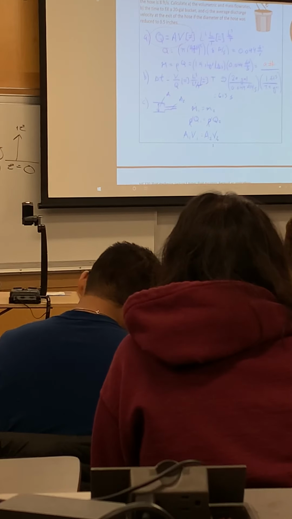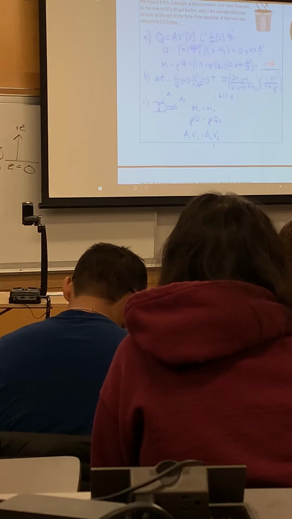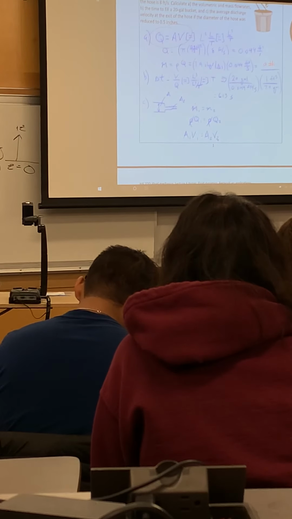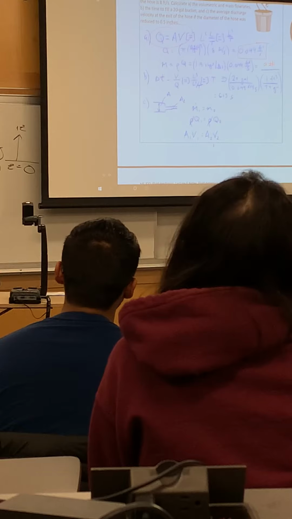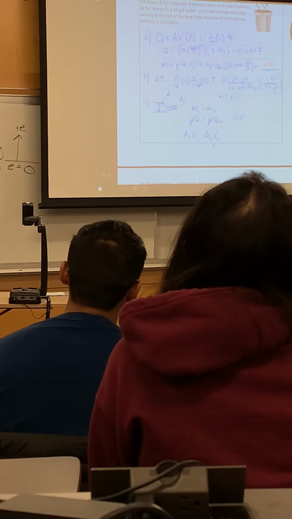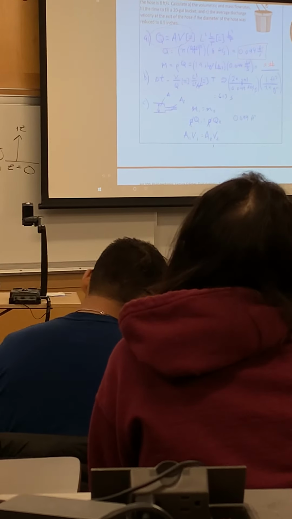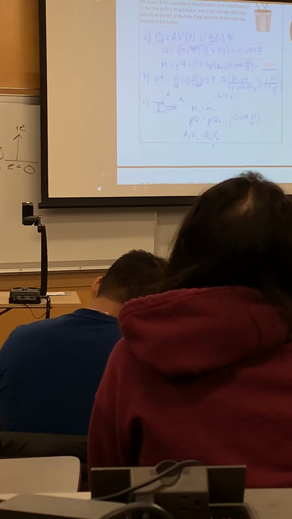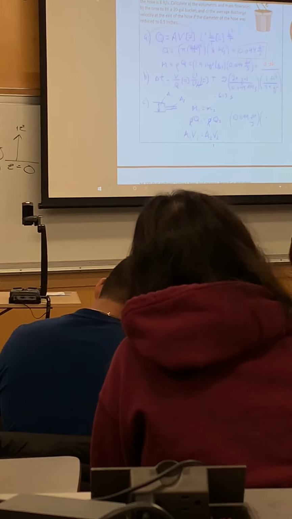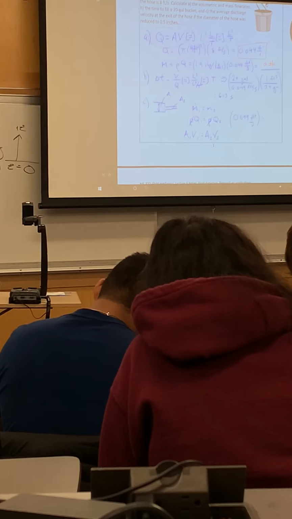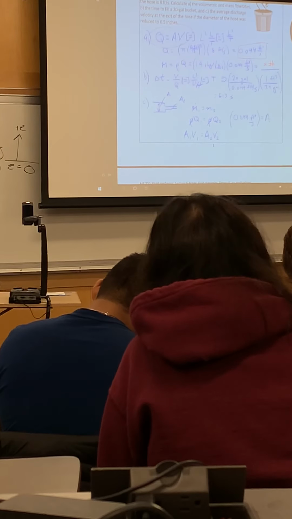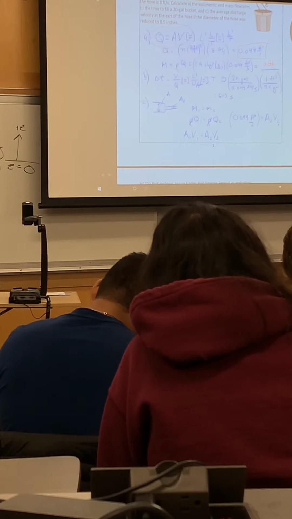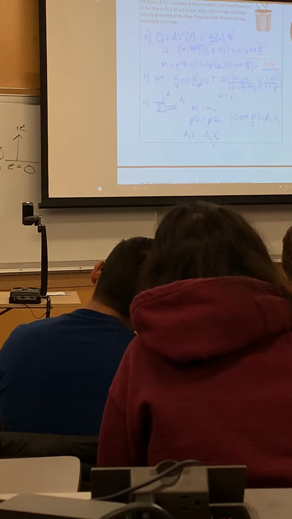Okay. So to see this through, we know that A1V1 has to be equal to this, right? We've already calculated it. So we have 0.044 cubic feet per second equals the area at 2 times the velocity at 2.